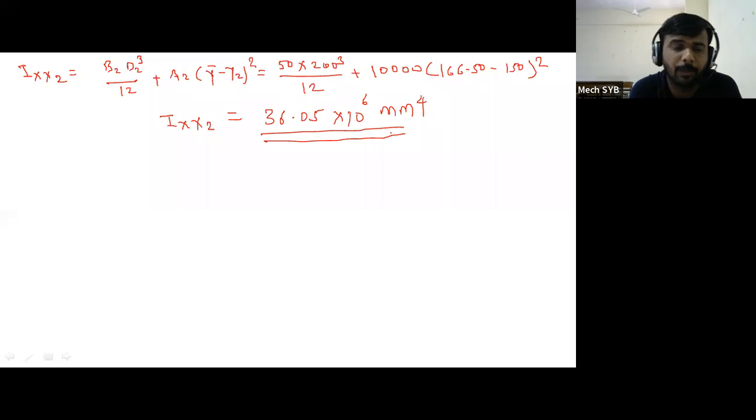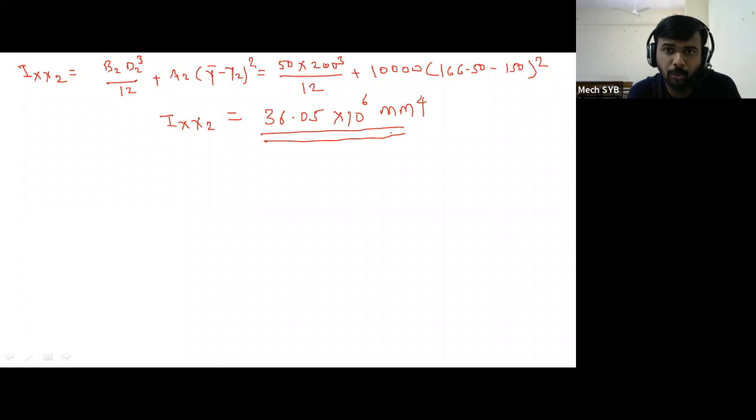Means it is moment of inertia for the section 2 only. So 36.05 into 10 raised to 6 mm raised to 4. Do the calculation. First of all, calculate the separate value of BD cube by 12. After that, plus A2 into y bar minus y2 bracket square, calculate its value separately, and then we have to go for the addition.